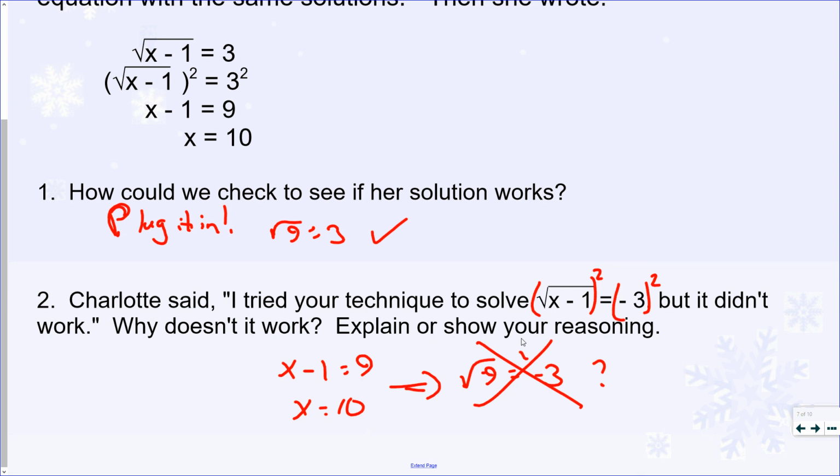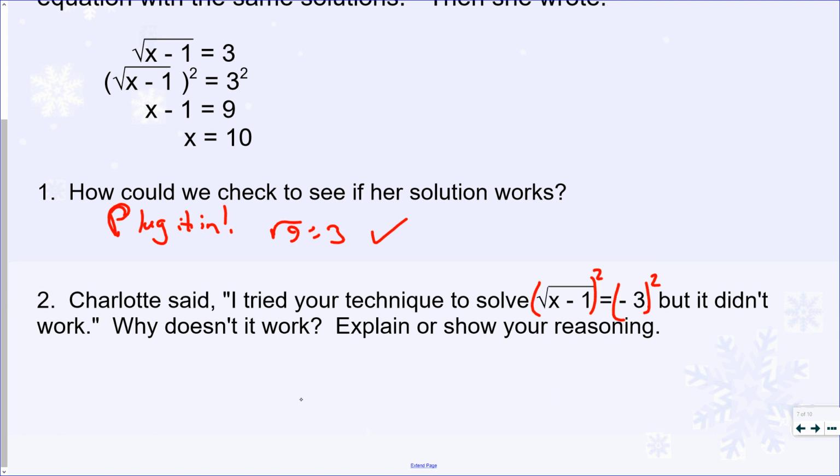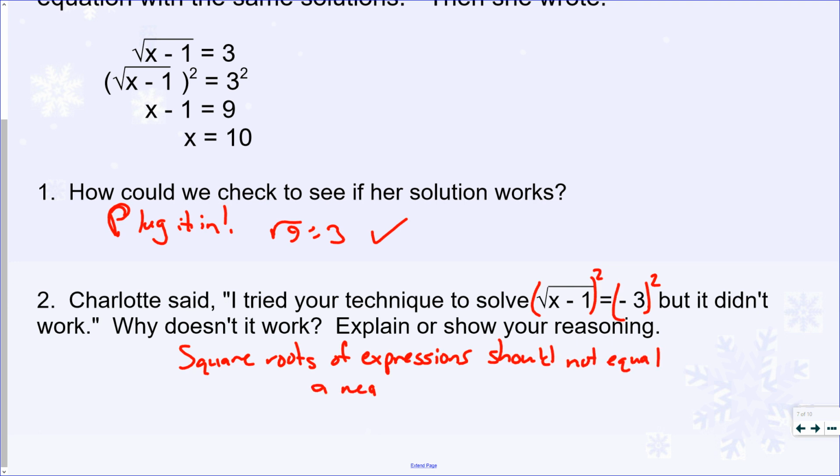So, moral of the story here is that square roots of expressions, of any algebraic construct really, should not equal a negative. If it does, the equation won't have a solution.